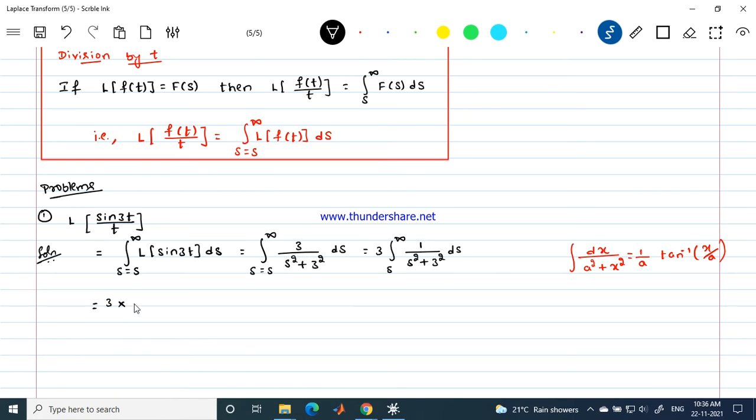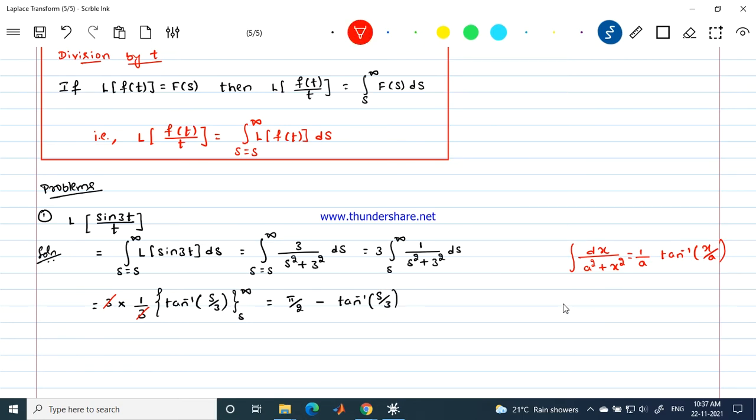A in this problem is 3, so it's 1 by 3 tan inverse of x, where x is replaced by s, so s upon 3, between the limits s and infinity. We get tan inverse of infinity, which is pi by 2, minus, for the lower limit, tan inverse of s by 3.